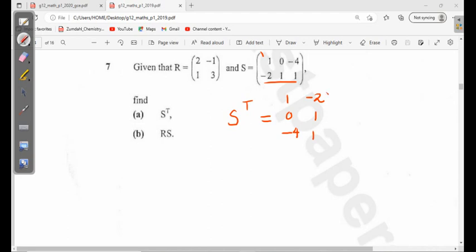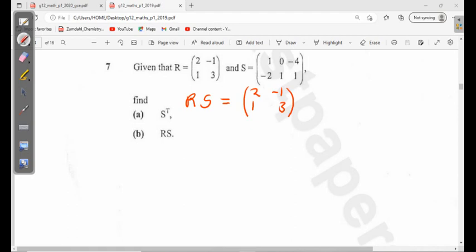Now the next one, we want to find RS, meaning we want to get the matrix R, which is 2, negative 1, 1, and 3. We multiply it by the matrix S. That's the meaning of RS. Matrix S is 1, 0, negative 4, then negative 2, 1, 1.